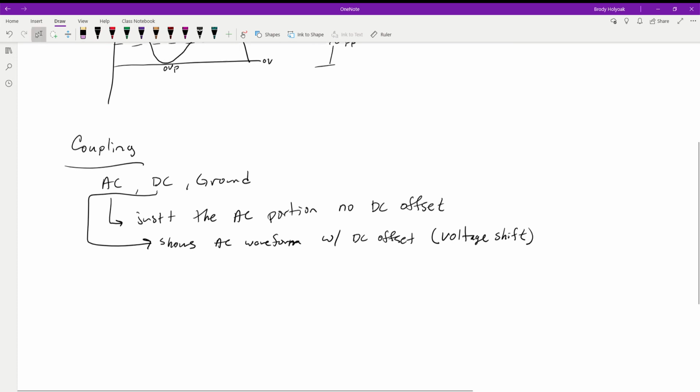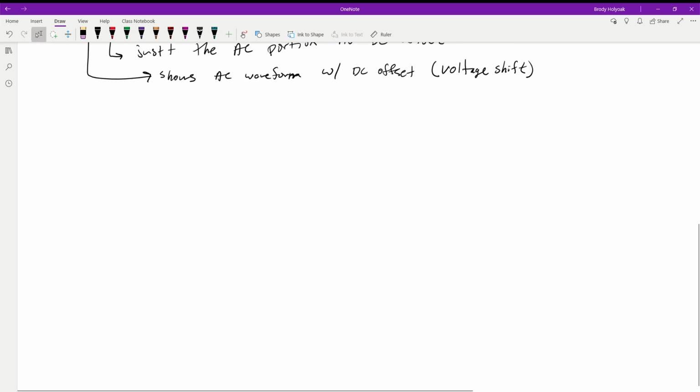All right, so a couple more things to talk about. That's the coupling that we use on our scope. So the next part that we have is called a coupling capacitor. As we remember, with a capacitor, when we hook it up to a DC signal, it's going to charge up to some value, and then once it reaches that value, it doesn't charge anymore, and it essentially acts as an open.